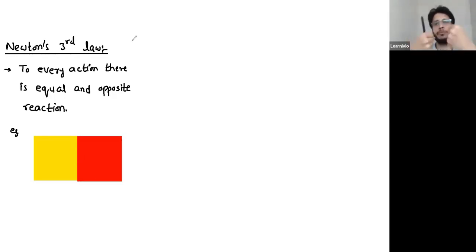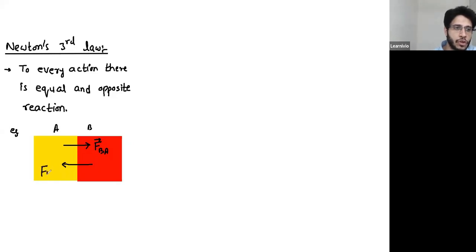Object A will exert some force over B. So this is the force on object B by A. Similarly, object B will exert some force over A. This is the force on object A by object B. You can call any of the forces action, then the other one will be reaction.